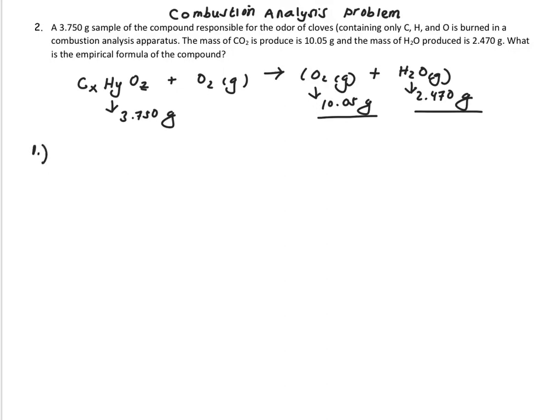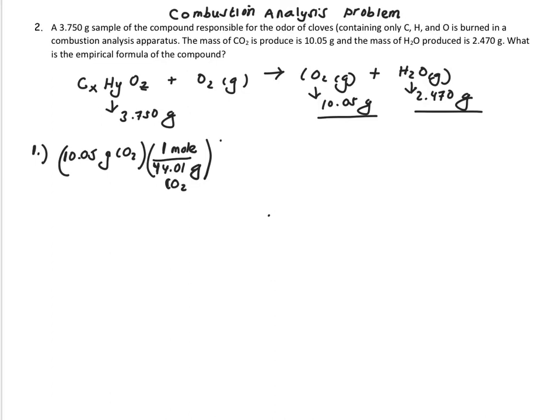Our first step is to determine the amount of carbon. We have 10.05 grams of carbon dioxide, and we're going to divide by the molar mass, which is 44.01 grams per 1 mole.